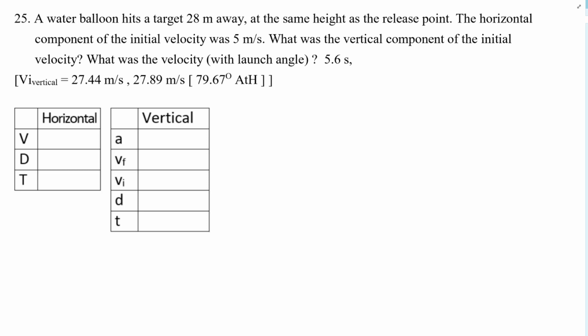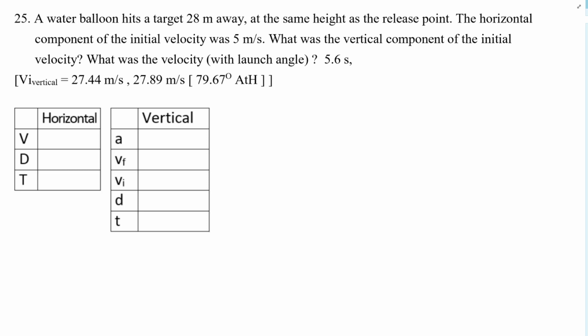Physics 11, projectile motion, page 13 of the projectile package, question 25. A water balloon hits a target 28 meters away at the same height it was released.